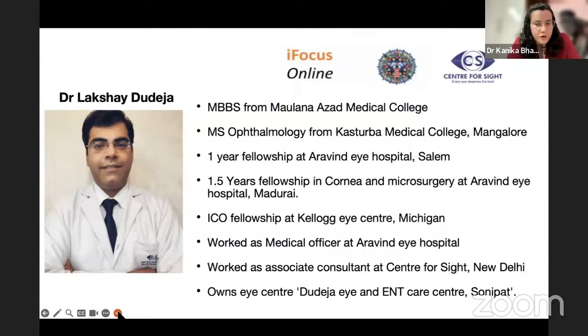He was also an associate consultant. Sir has started his own center, Dudeja Eye and ENT Care Center, Sonipat. He's a surgeon par excellence. Welcome, sir, and over to you for the introduction of our chairperson today and our speaker for the day.